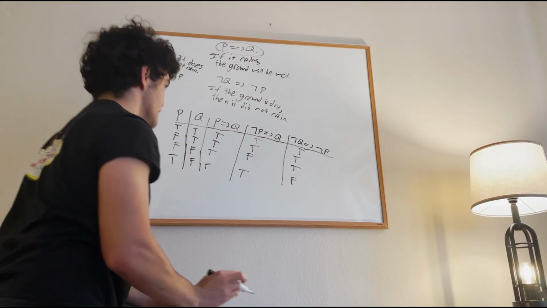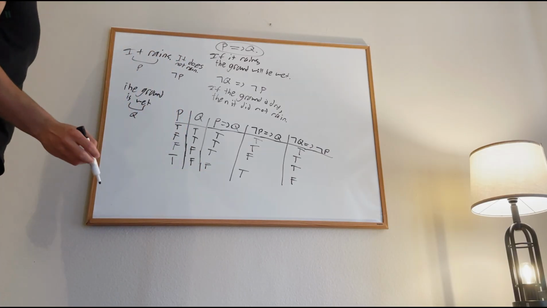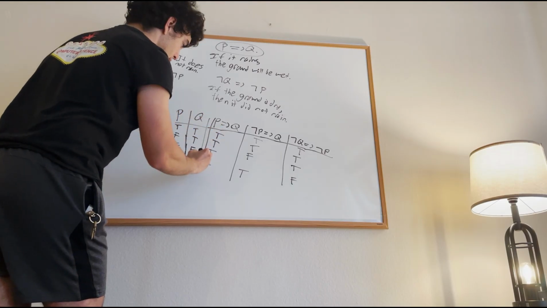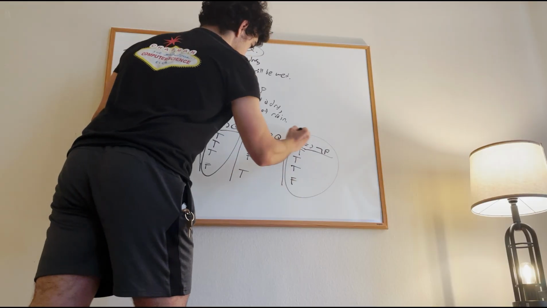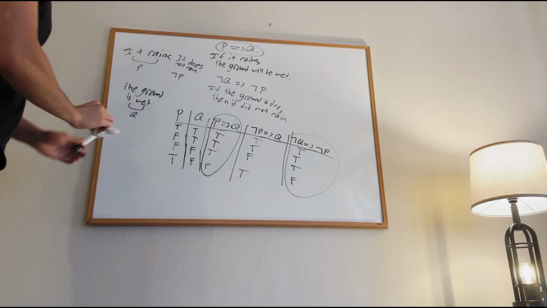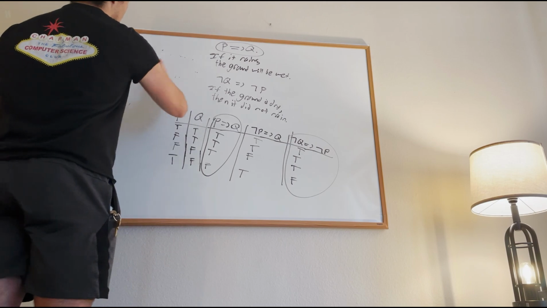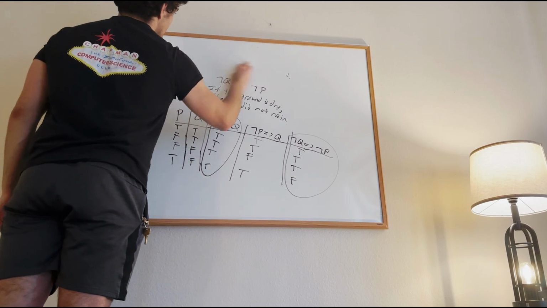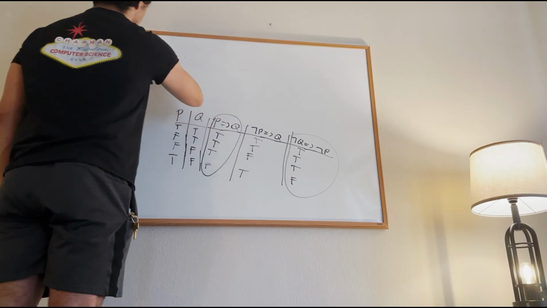And now what we can see, the big picture here, is that this column aligns with this column. And what this means is that these two implications are logically equivalent.